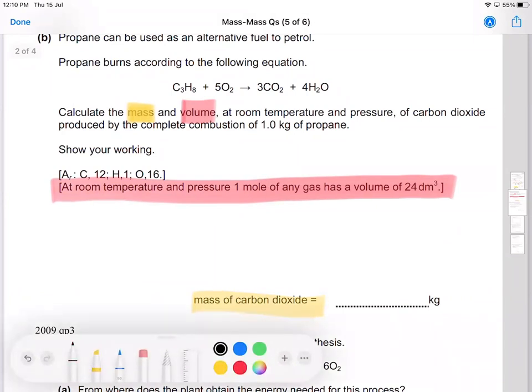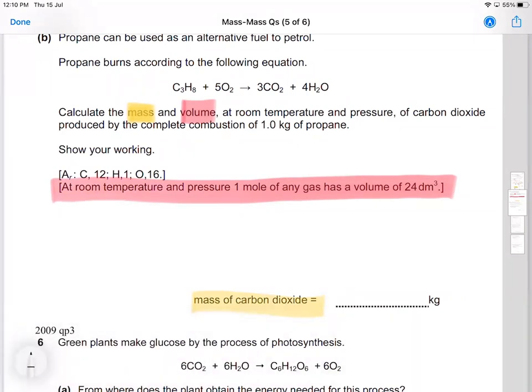We'll do that afterwards. Cool, so just Thandi or Dacho, talk me through what I need to do in terms of using the mass of the propane to work out the mass of the carbon dioxide.